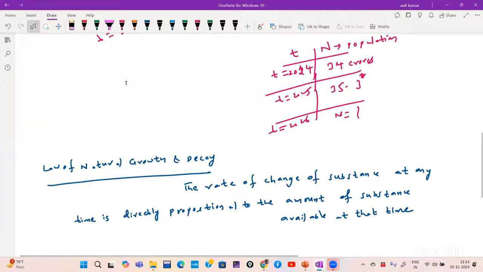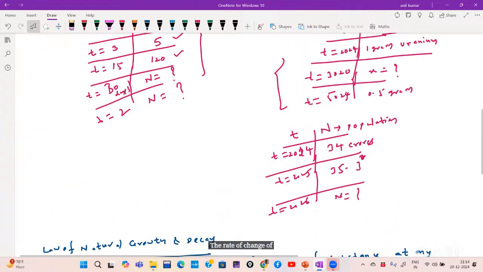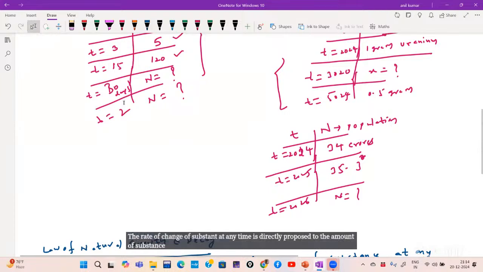The rate of change of substance at any time is directly proportional to the amount of substance available at that time.